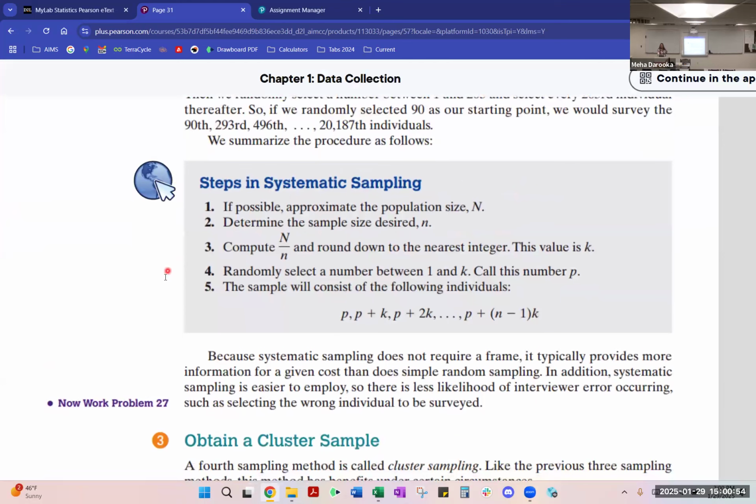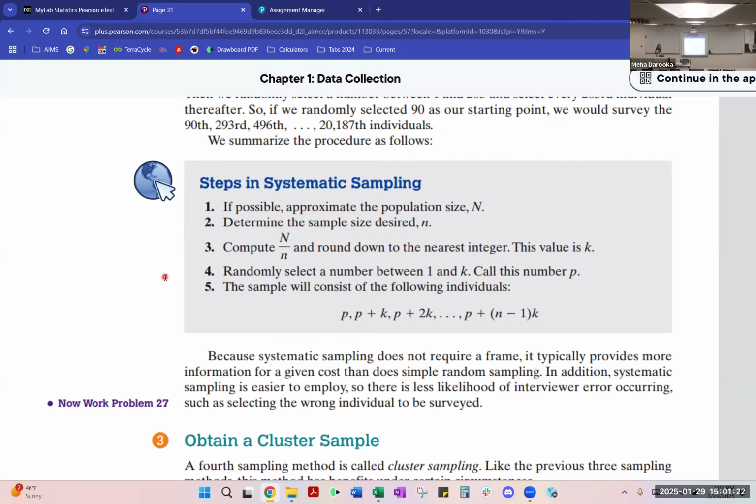So there is actually a little formula that you can use, but of course you need to know your population size, and you can see that in the steps over here. If you have an approximate idea of the population size, remember that's your capital N, we determine what the sample size will be, that's your small letter n. Then you take capital N, the population size, divided by small n, the sample size, and that gives you your K value.